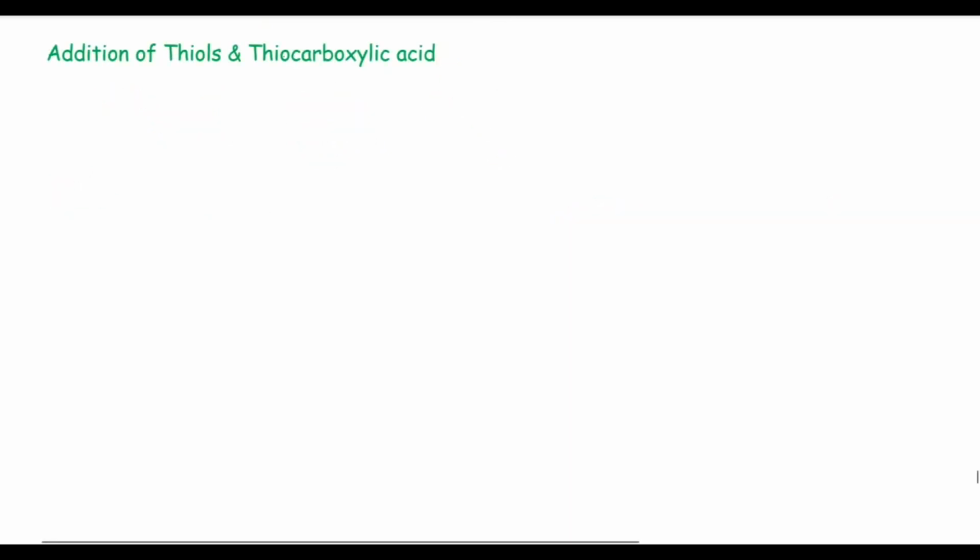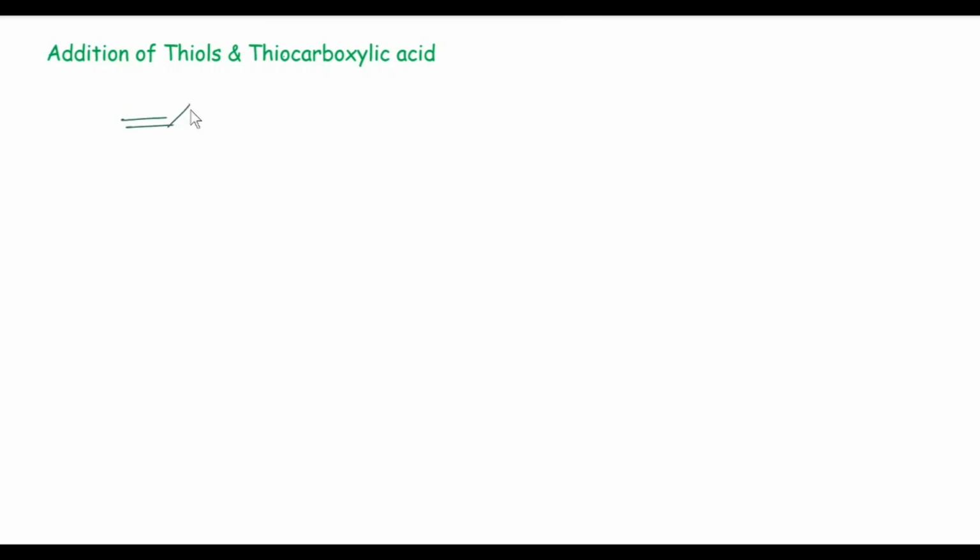Now we will see the addition of thiols and thiocarboxylic acid. The addition of thiol compound to the alkene by radical chain mechanism is a quite general and efficient reaction. The mechanism is analogous to addition of hydrogen bromide. Both the hydrogen abstraction and addition steps are energetically favorable.